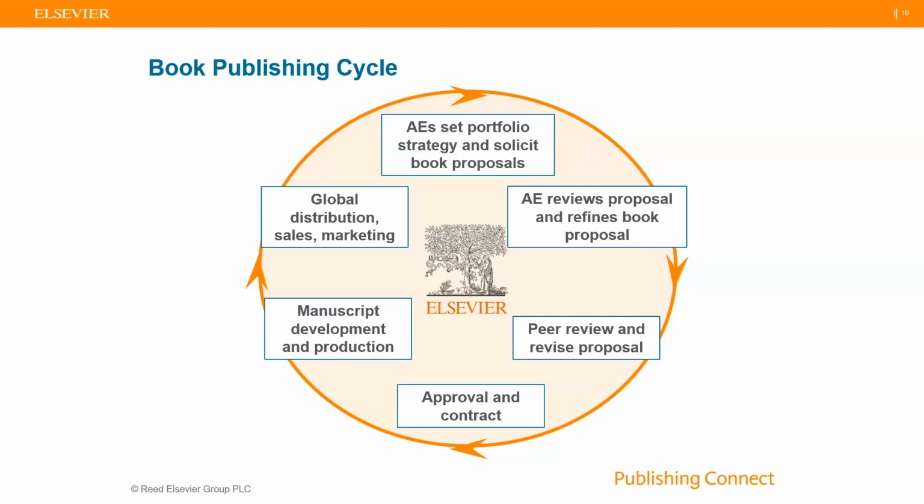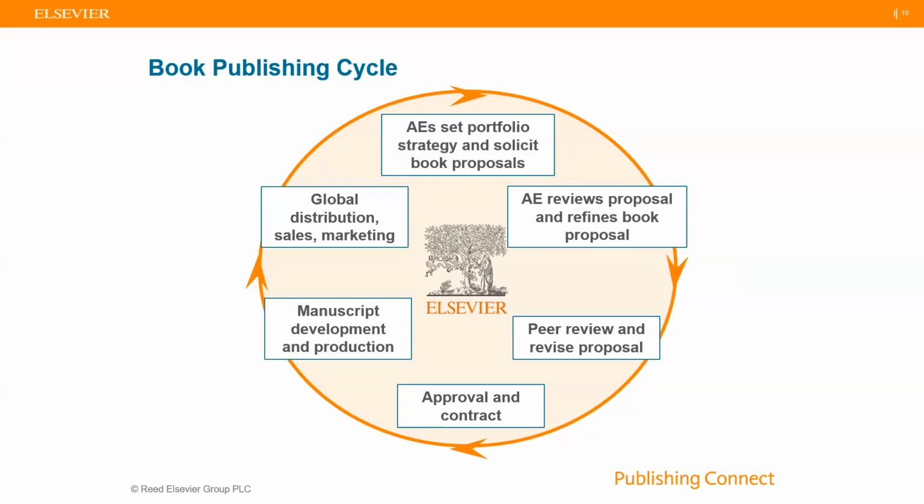Once we're all happy that we want the book in the shape that the reviews have told us and the way the proposal is, we then offer a contract and agree a writing schedule with the editors or authors. The authors and editors then write that, and when they deliver the finished manuscript, the production process starts, and that involves copy editing, typesetting, and printing, and a cover being designed as part of the book.